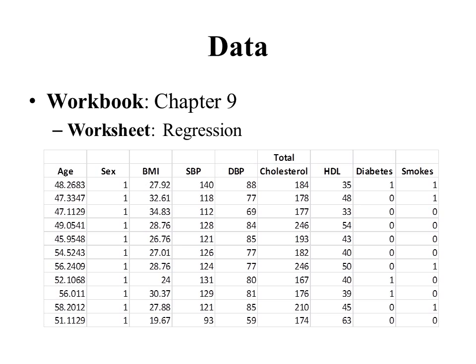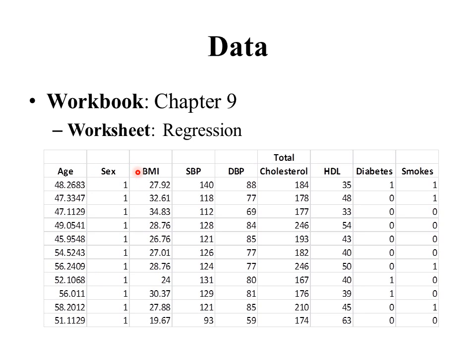So the Excel guide contains a bunch of data which I've already entered for you in the workbook Chapter 9 in the worksheet regression. We have here information from, I think, 40 different people. For each person we have their age in years, their sex, 1 meaning male, 0 female, and then a lot of other information.